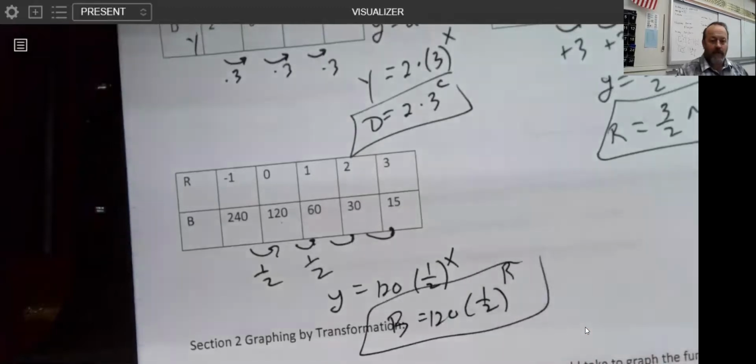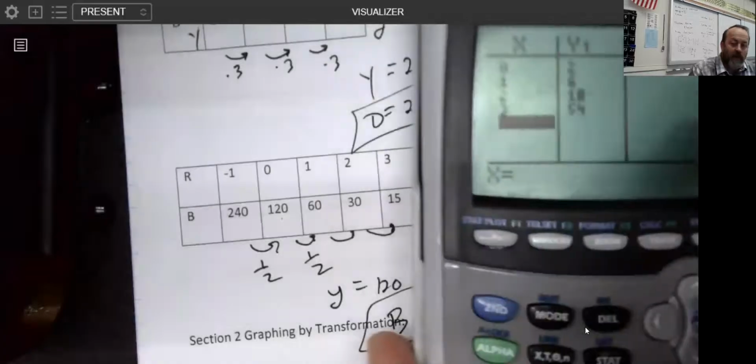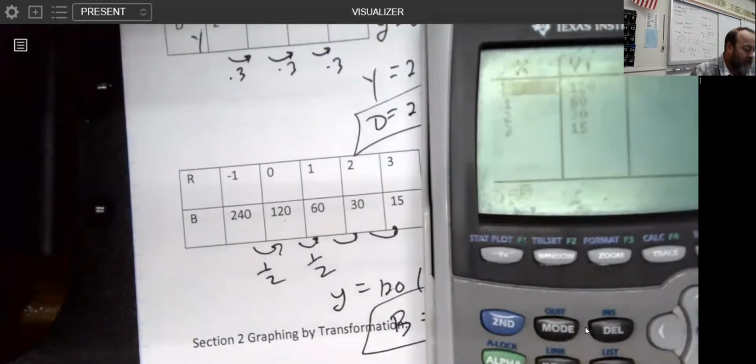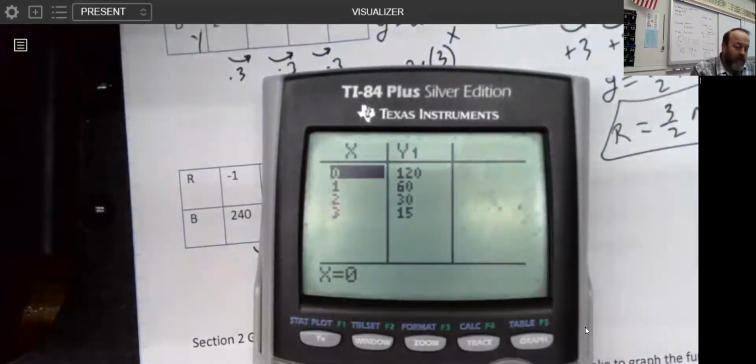And just like the previous question, it doesn't take very long to do, so let's just go ahead and do that. 120 times 1/2 raised to the x power, and let's see if those values do generate what I see in my table. And you'll notice that 0 does give me 120, and it just lines out. I didn't put the -1 in there, but you could tell that that would work, and I can put it down here if I wanted to.